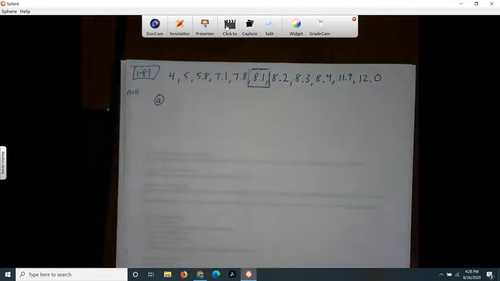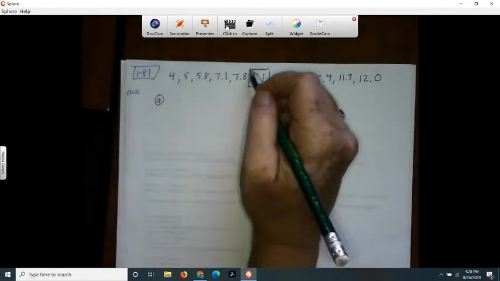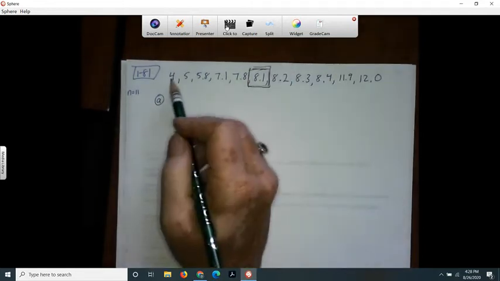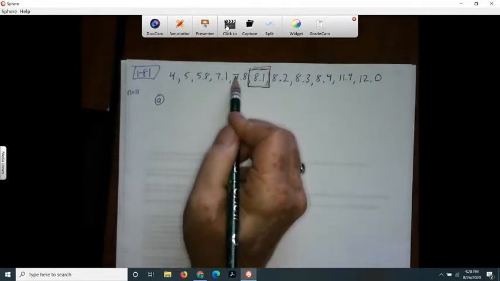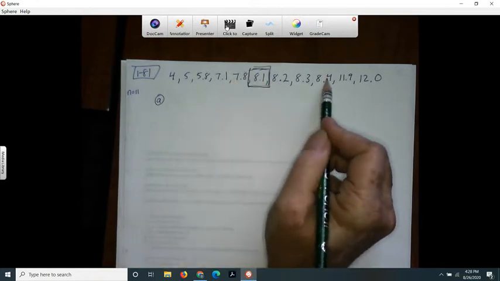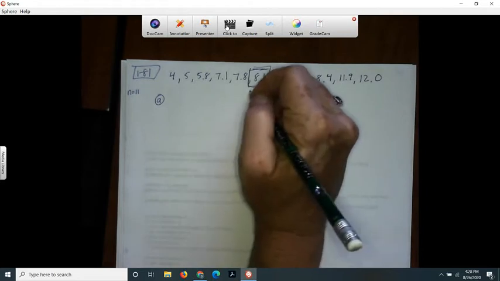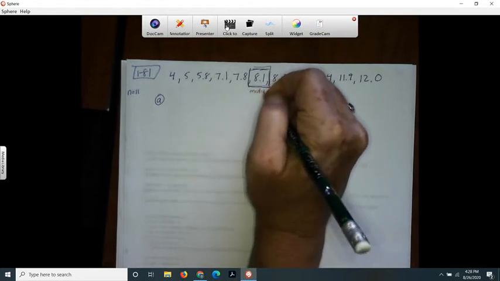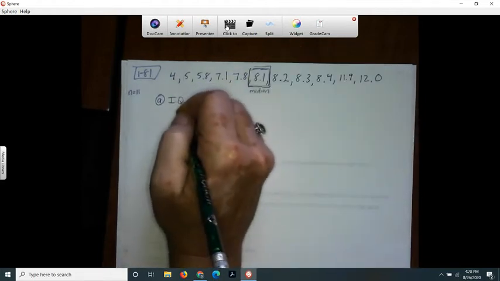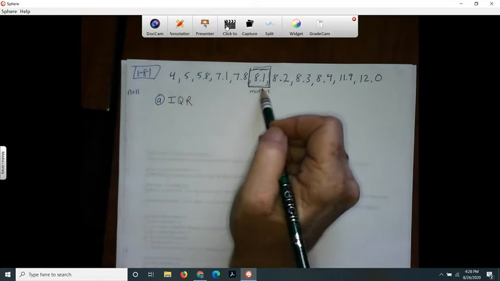I'm going to probably do this all in a different color pen. Maybe I'll do it in a pencil. The 81 is in the middle of my data. I've got 5 things on the left and 5 things on the right. So that is my median. We don't care a lot about that right now. It's asking for the interquartile range. What we need is the quartiles.